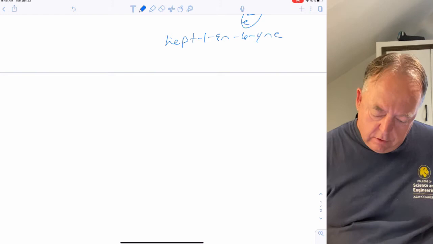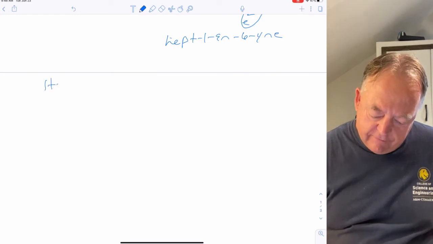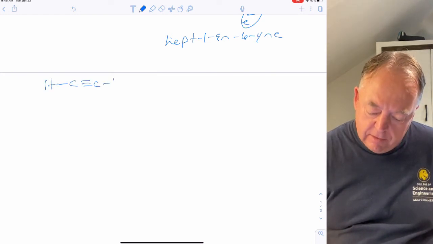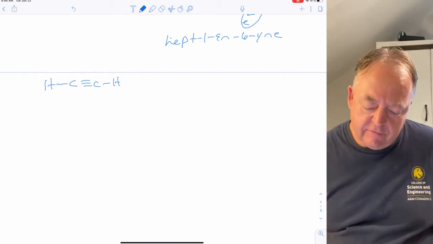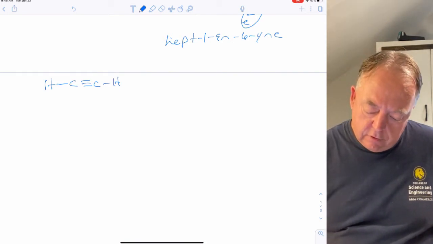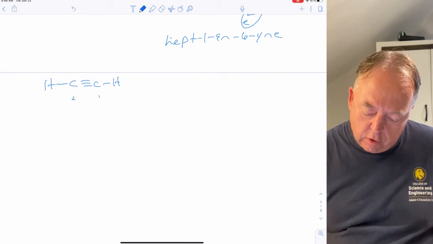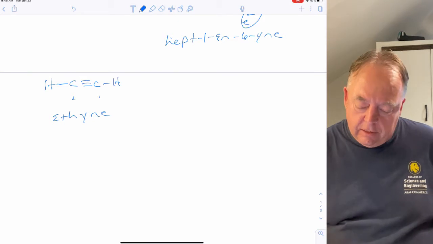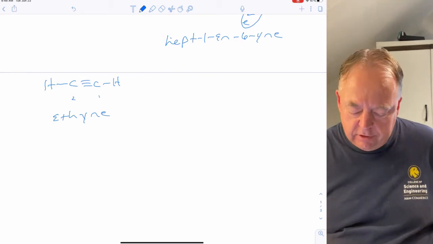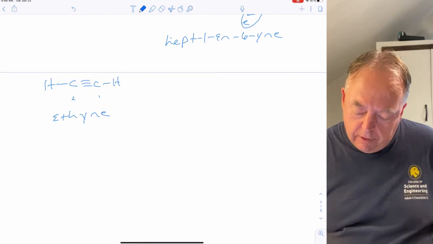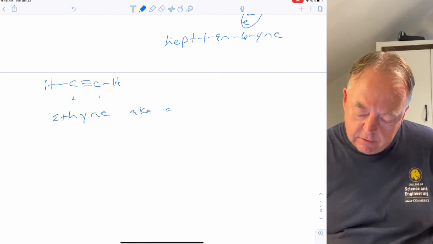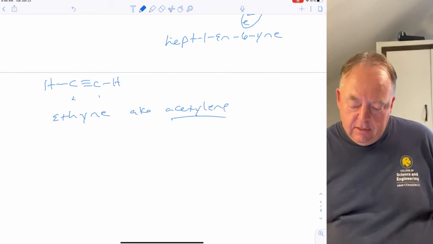Okay, so some alkynes have a very common name. That's a very common alkyne that has lots of industrial use. Technically this would be 1 carbon, 2 carbon, so this would be ethyne. And obviously you don't need a number in this case because it has to be at carbon number 1. This would be more commonly known as acetylene.